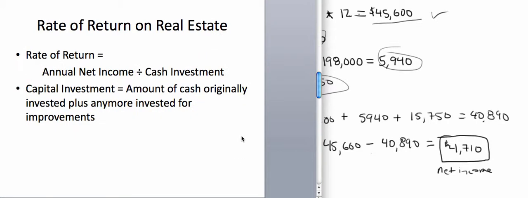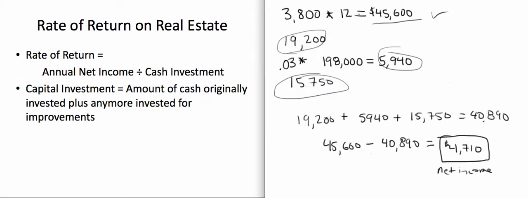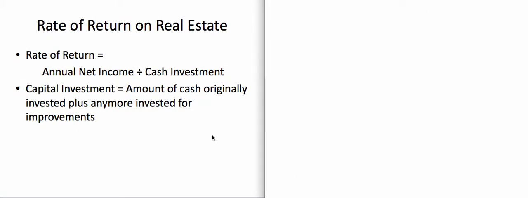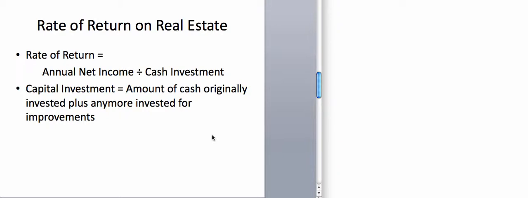Okay. The next here is the rate of return on real estate. And so what that means is how much money you're going to get based off of the amount of money that you invested in the property. So we have two things here.